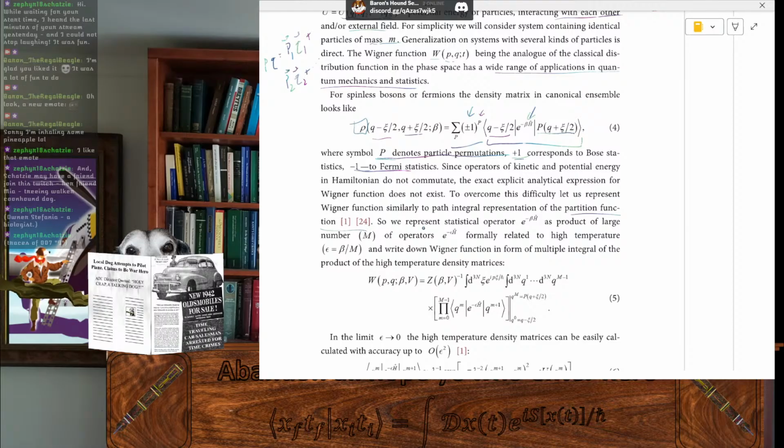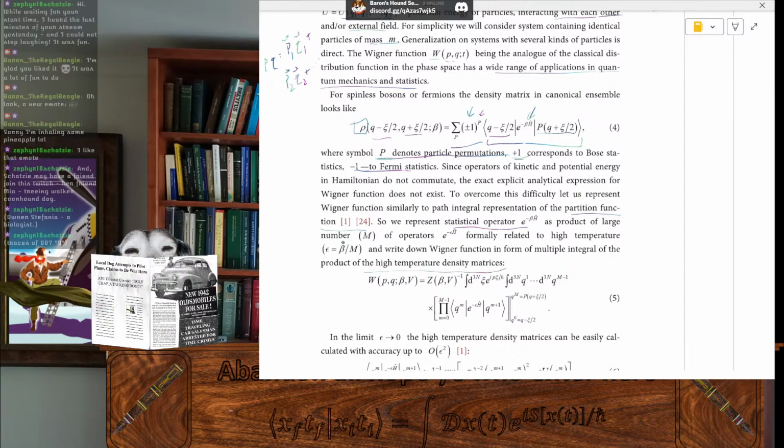So we will represent our statistical operator, e to the negative beta h hat, as the product of a large number m of operators, e to the minus epsilon h hat, formally related to high temperature, epsilon equals beta over m, and write down the Wigner function in this form of multiple integral products of the high temperature density matrices.